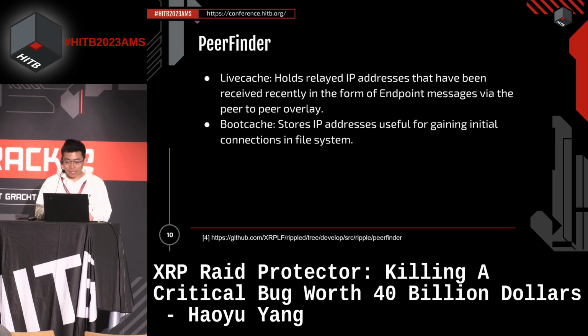Upon receiving an endpoint message, a peer will store all the related information into the livecache, which is in memory. And if the connection to a peer is opened successfully, it will store the related information into the bootcache, which is on the disk, and the information will be used in the following bootstrappings.